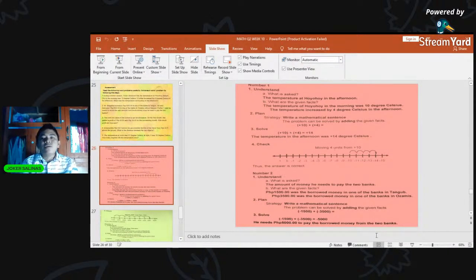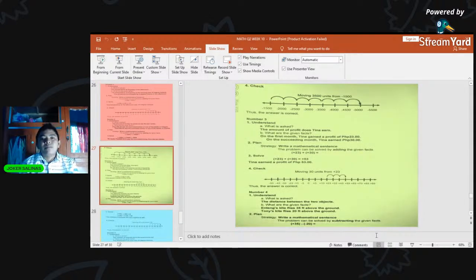If you're going to borrow money, it means you have credit. So credit plus credit is another credit, an additional credit. So he has a credit of negative 5,000 because you're going to pay that. You borrowed money, so 5,000 pesos.